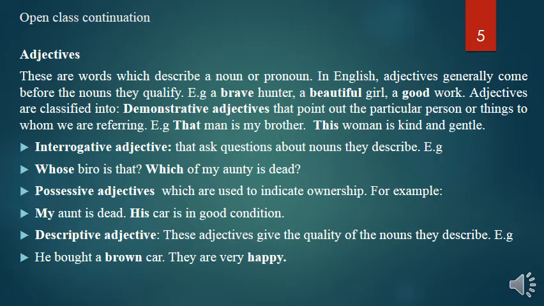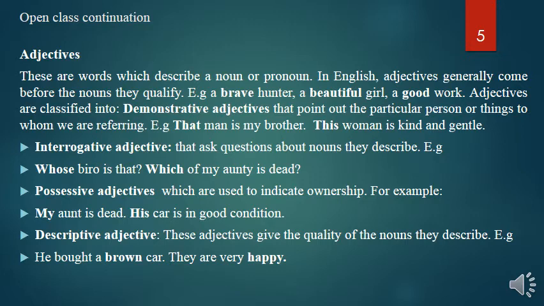The next one is descriptive adjective. Descriptive adjectives give the quality of nouns they describe. That is, they give a kind of description to the noun in a given sentence. For instance, he bought a brown car.